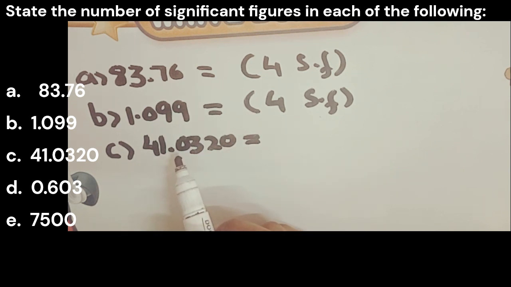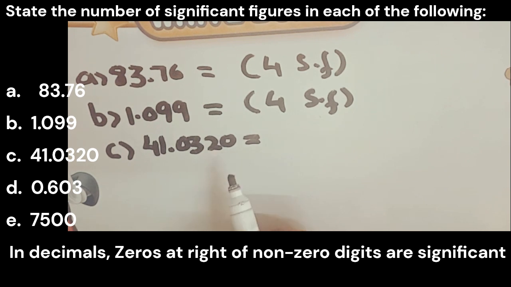As this is a decimal number, we also apply rules number 3 and 4 on this number. Rules 3 and 4 say that the zeros at the right side of the decimal are also significant. So this zero is also significant. That's why how many significant figures are in this number?